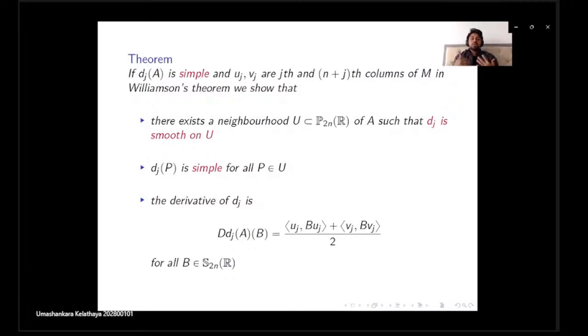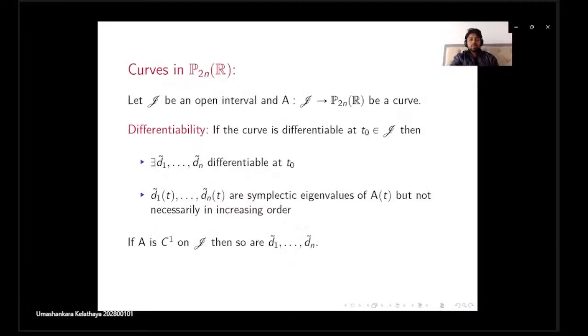So what we do is we relax the condition on the domain of symplectic eigenvalue maps. Instead of considering the entire positive definite matrices space, we consider curves in positive definite matrices, and we get several results there as well. If A is a curve of positive definite matrices such that it is differentiable at a point t naught, then we can find n real valued maps that are also differentiable at t naught, and evaluated at t, these n numbers give the symplectic eigenvalues of A(t).